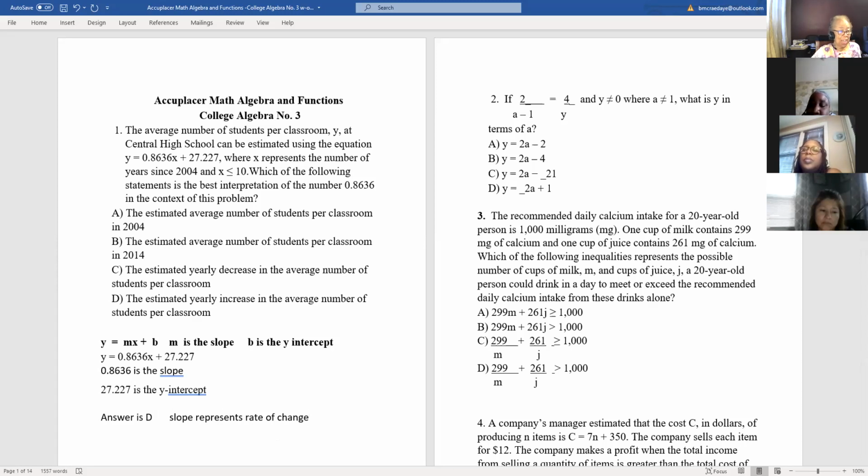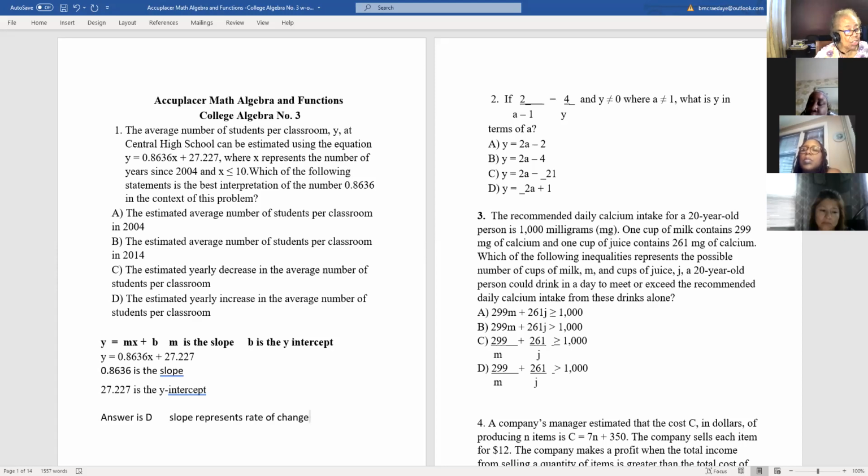Right, rate of change. And the increase is a change, right? And since it says increase, our slope is plus, so it would have to be increase. It wouldn't be C. Well, it can't be the average. Average number of students per classroom is not the slope. It has to be the change in something.